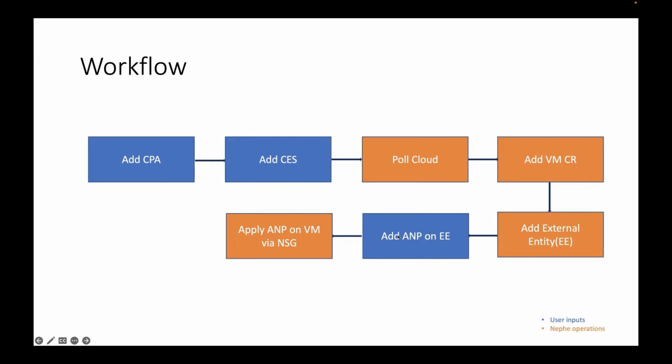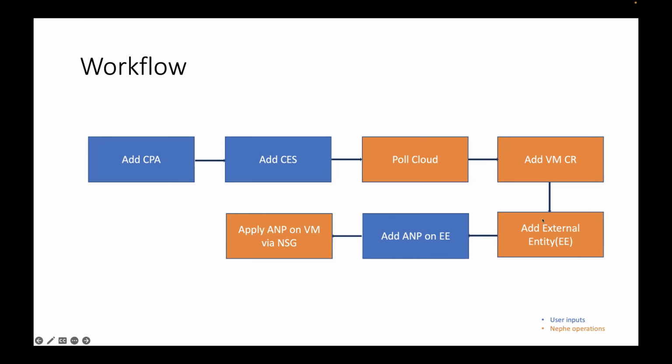Just to reiterate, the network policies have to be applied on the external entity which is added by the Nephi controller. The way the Antrea controller disperses the policy is it looks at the external node field in the external entity and decides that this external node has a Nephi controller in it as a field.